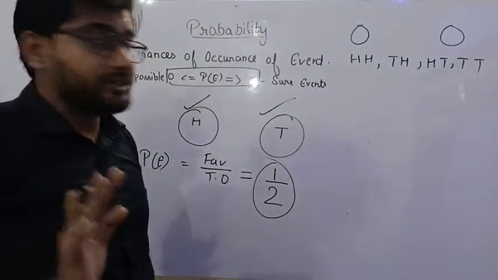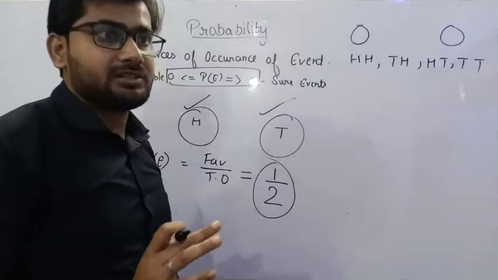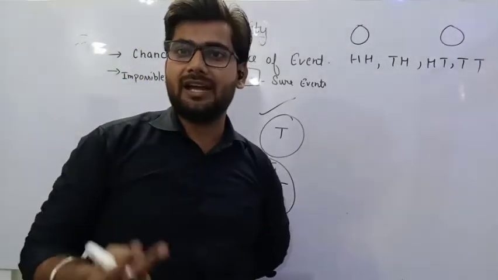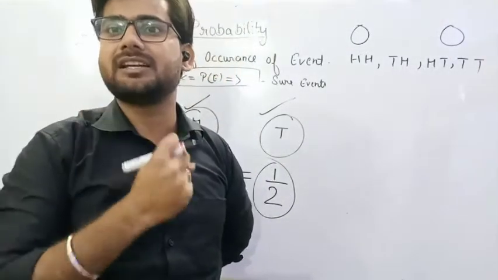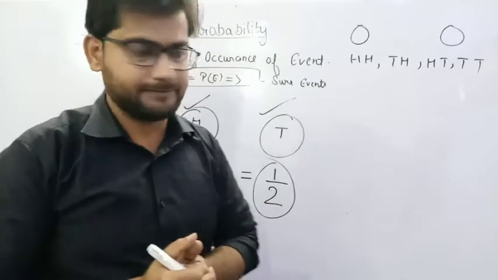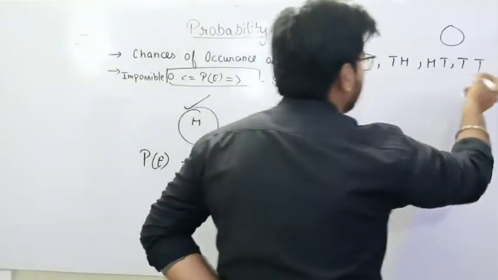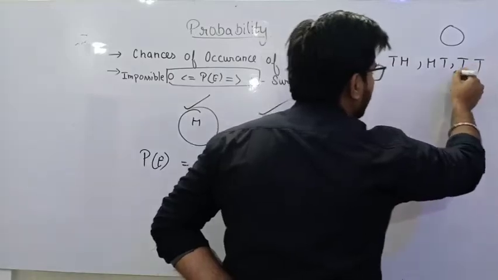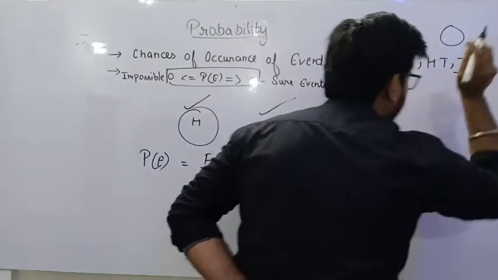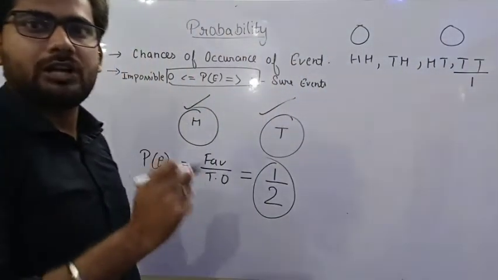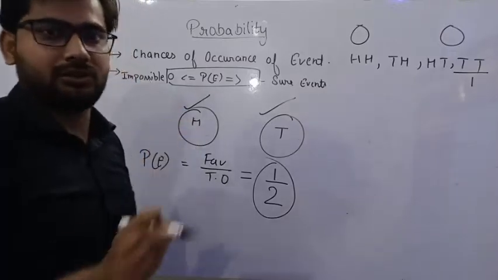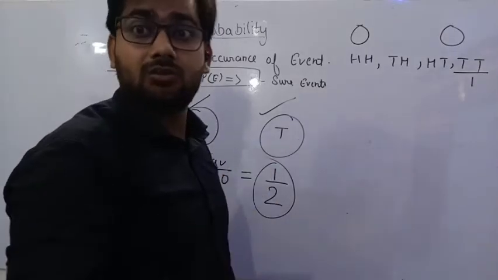So what was my question? My question was how we will get 2 tails in a single toss of 2 coins. With 2 coins in a single toss we are getting two tails only one time. So 1 will be the favorable outcome. And how many total outcomes are there?